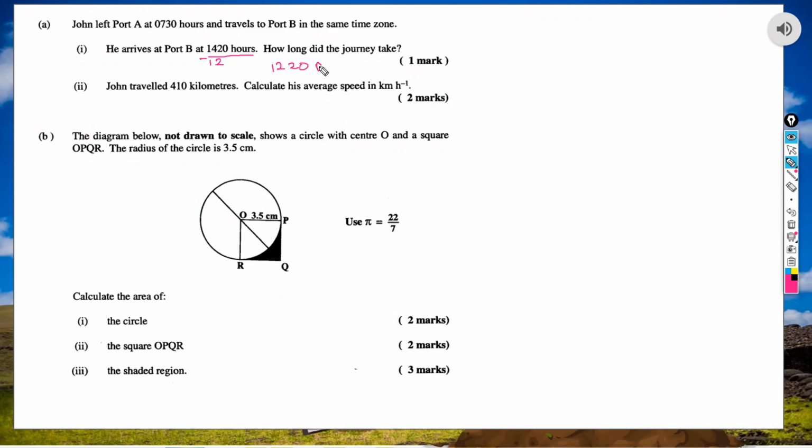But this answer will be in the evening now. So it leaves the port at 7:30 in the morning and arrives at 12:20 in the evening. So how long did the journey take? Just pretend that you wake up at 7:30 and you reach 12:20 in the evening, the afternoon.